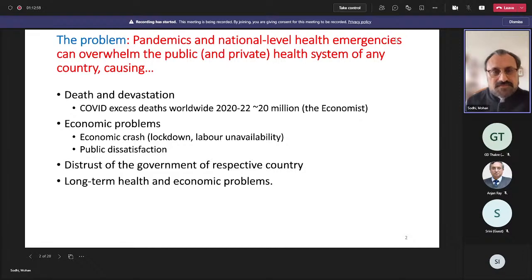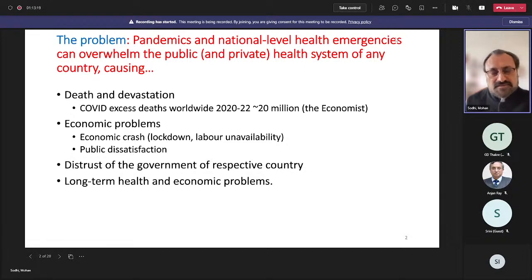Right now, the estimate based in February 2022 is that in the last 2 years, we've lost 20 million people. And this is based on excess deaths calculations. This is quite a toll.